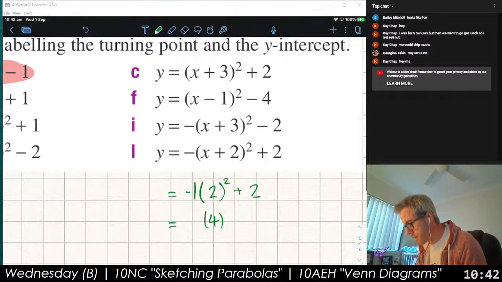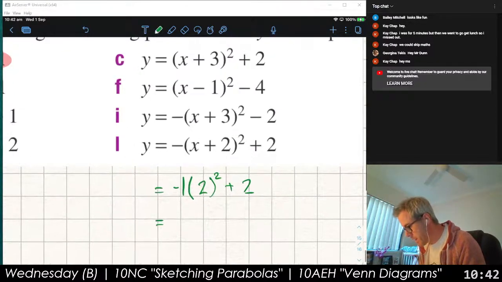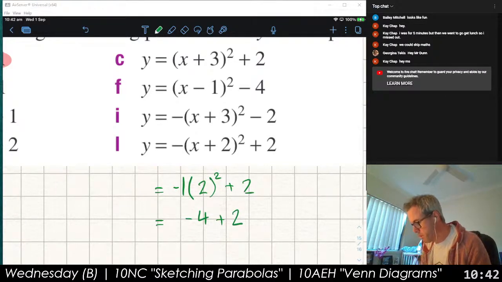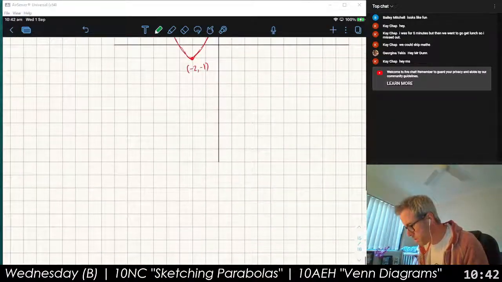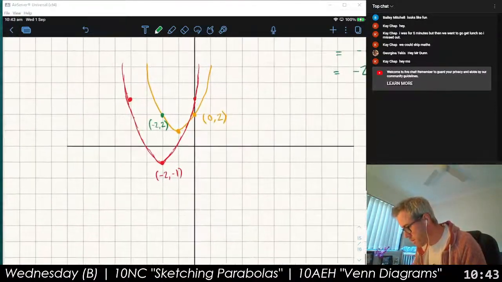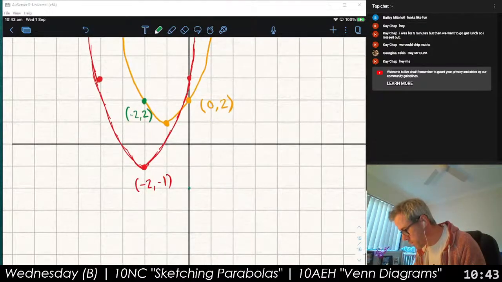So my answer becomes -4 plus 2, which is equal to -2. So when x is 0, y is -2. Let's do that. X is 0, y is -2, like so. 0, -2. And that makes sense.